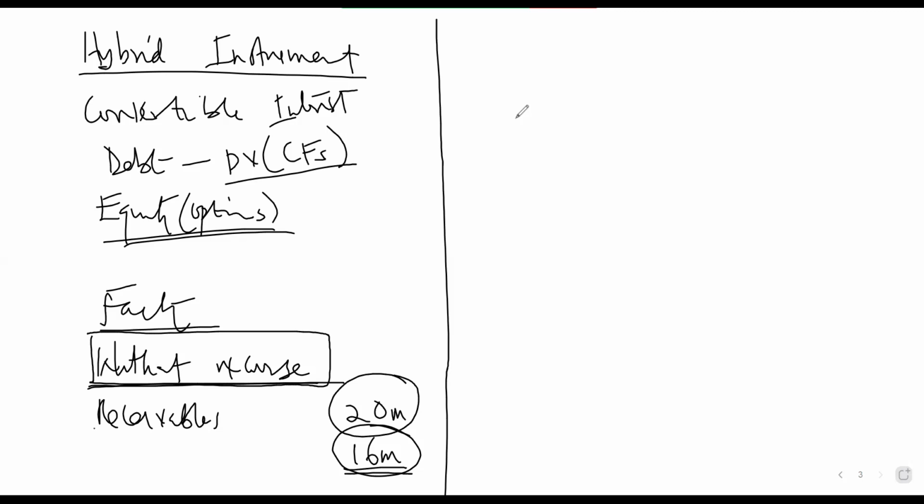So the company will derecognize the receivables, recognize the cash, and bring in a bad debt of 4 million.